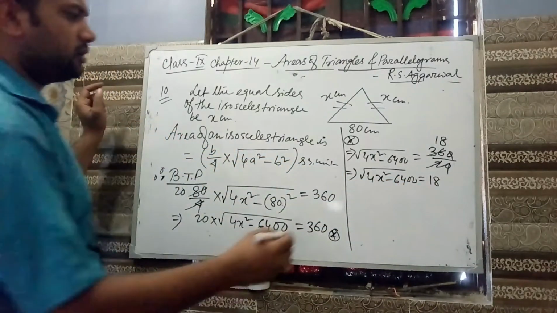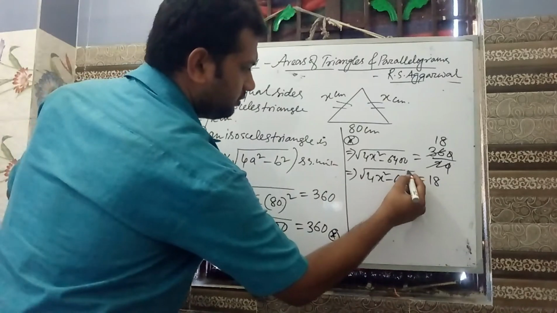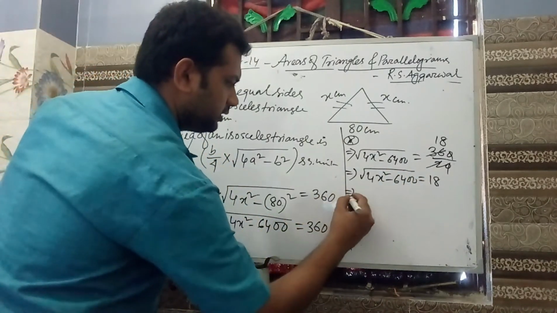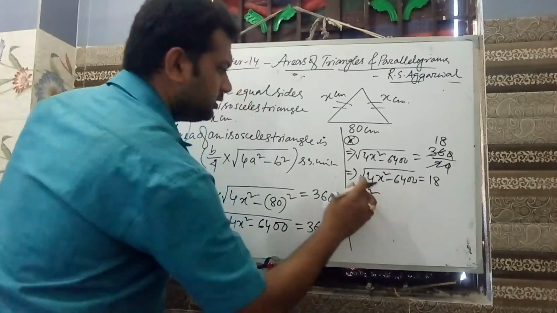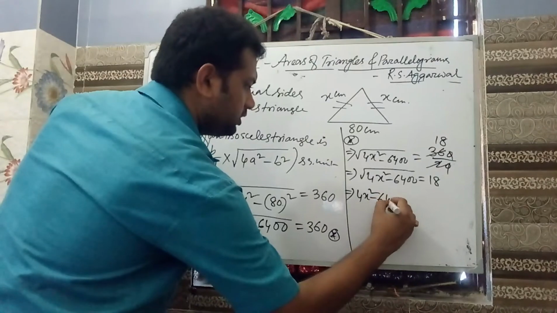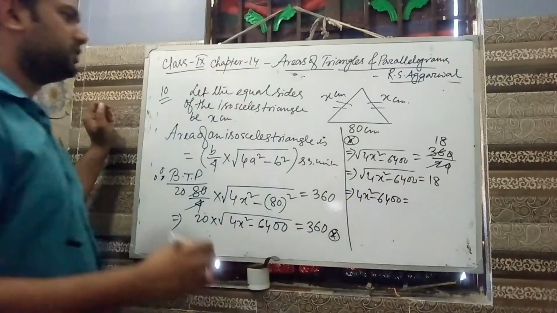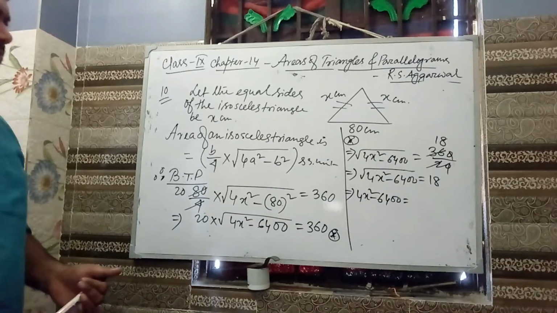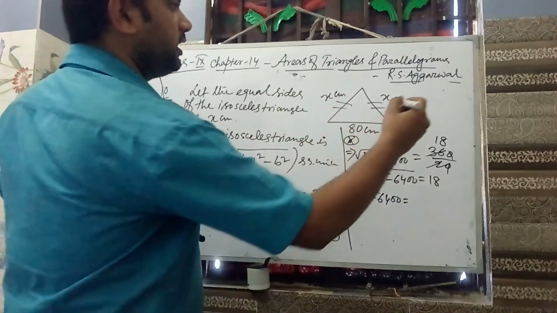So if we take square on both sides, we will get 4x square, and this square root will vanish, minus 6400. What is the square of 18? That is 324. You can check it by multiplying 18 with 18.